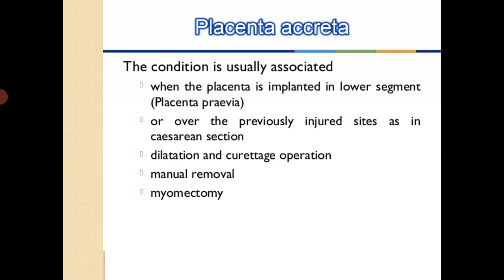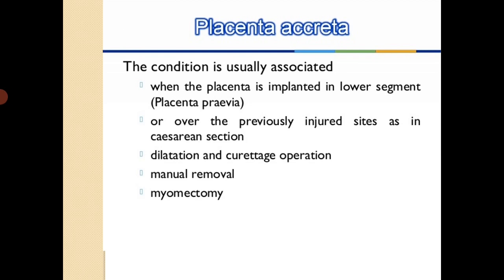previa, or over previously injured sites, as in caesarean section, as there is a scar or incision taken on the lower uterine side. So it is one of the causes which can lead to placenta accreta.